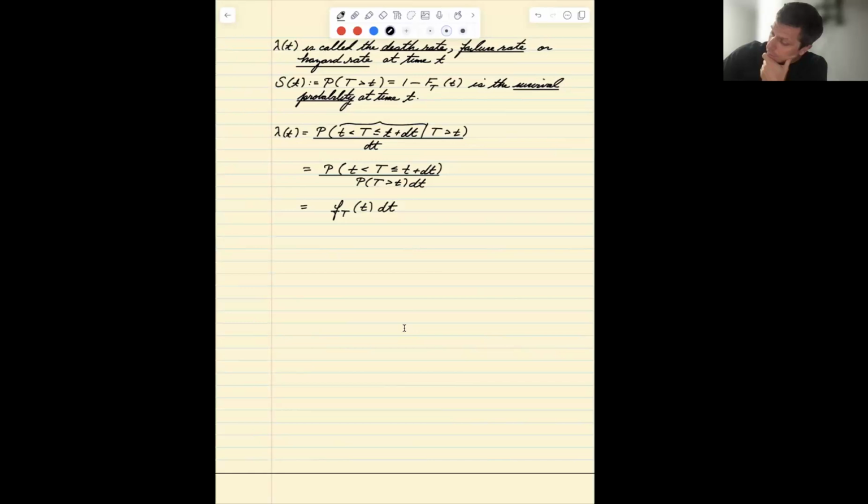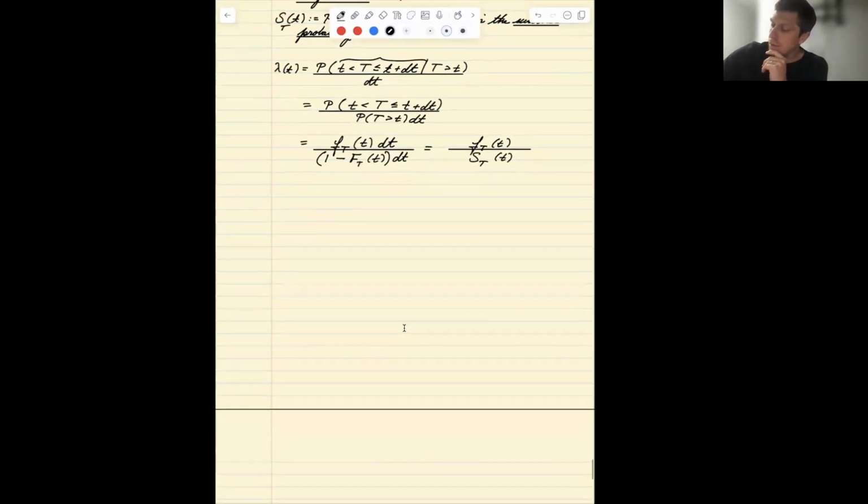The probability of surviving past time t is 1 minus the cumulative distribution function. The dt's cancel, and we're left with f of t over 1 minus F of t, so the density over the survival function.